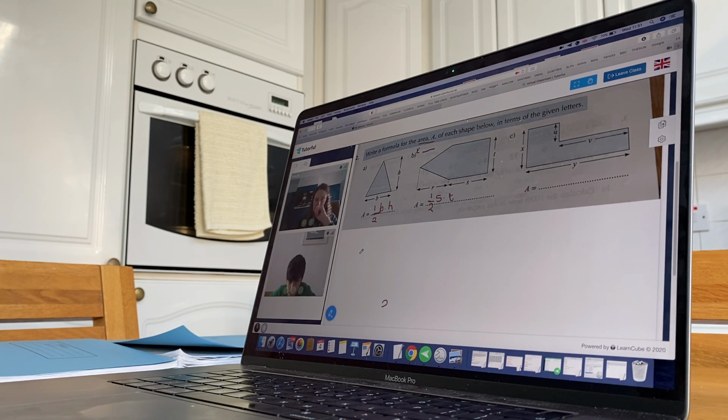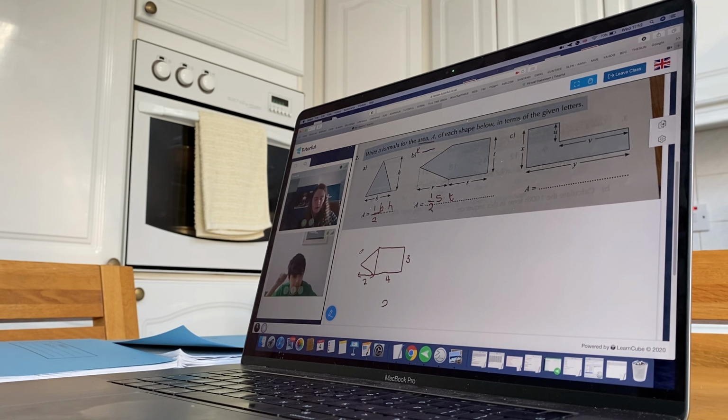So let's say that this was normal numbers for a second. Let's say this was 3, 4, and 2. And we were trying to figure out the area of this shape.